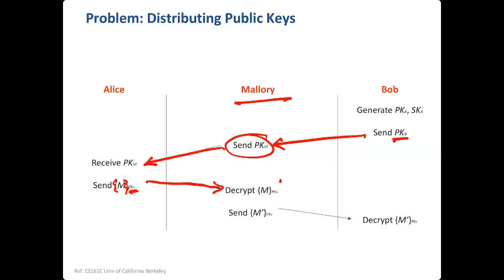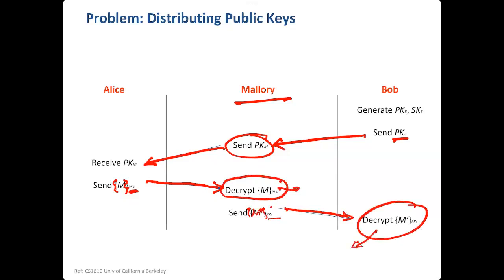Mallory decrypts this message using her own private key, then changes this message to M dash, encrypts it with Bob's public key and sends it to Bob. Okay, what Bob receives is a malicious message.